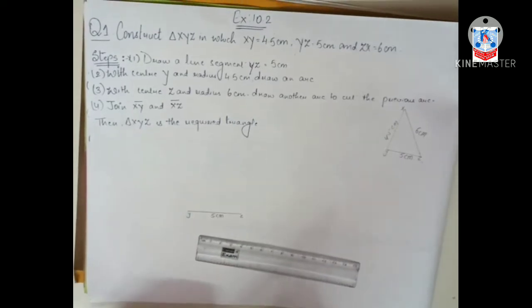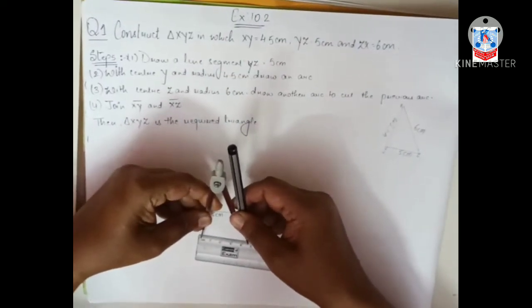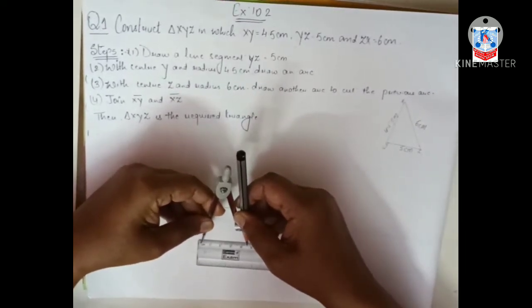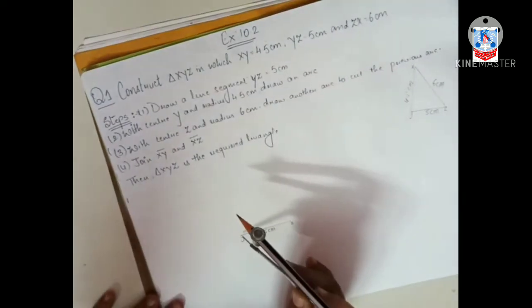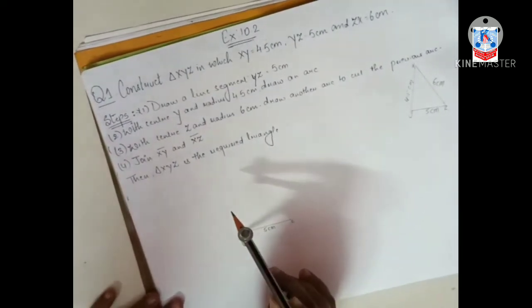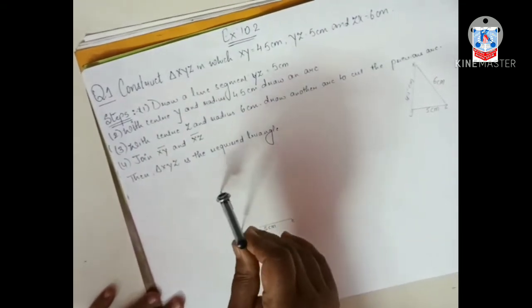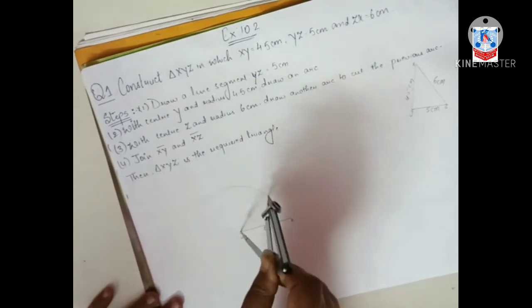Open your compass, take the measure 4.5 cm. See. Now with center Y, draw an arc. Like this way, draw an arc.